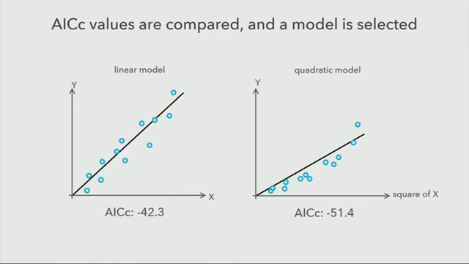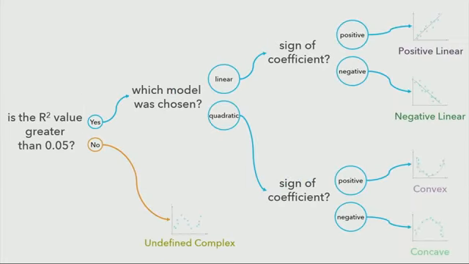It selects the one with the lower AIC-C. That is used then in this little decision tree. We start first with the question: is the r-squared value greater than 0.05? If not, then basically neither linear nor quadratic really fit there. It's just a little bit too complex for us to say anything. So that's the output.